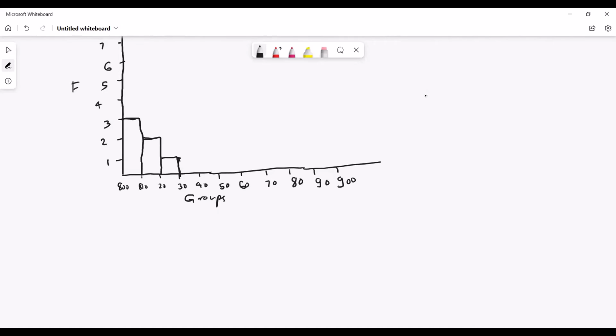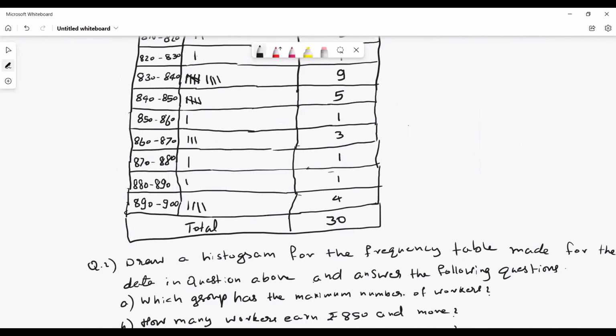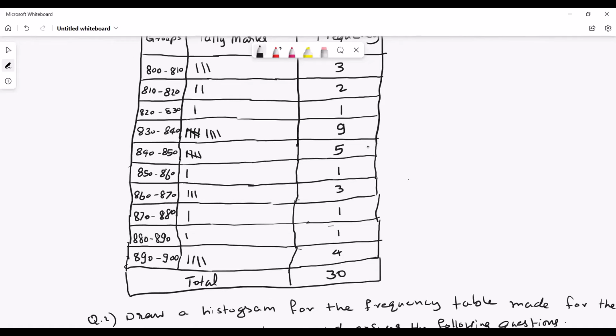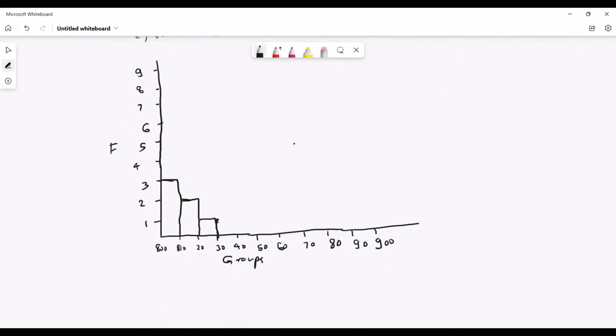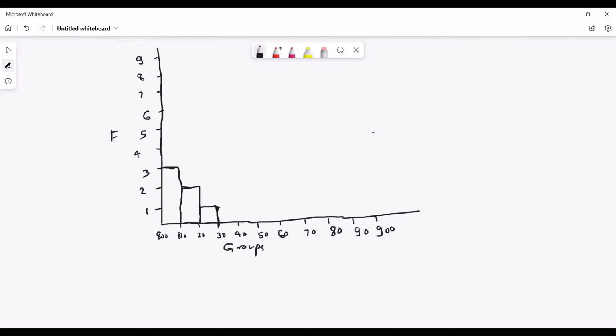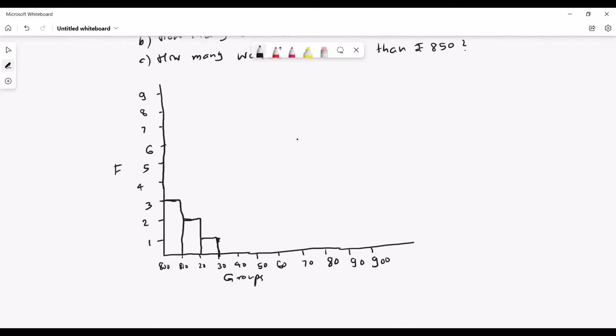Now 830 to 840 is 9. This will go straight up to 9.